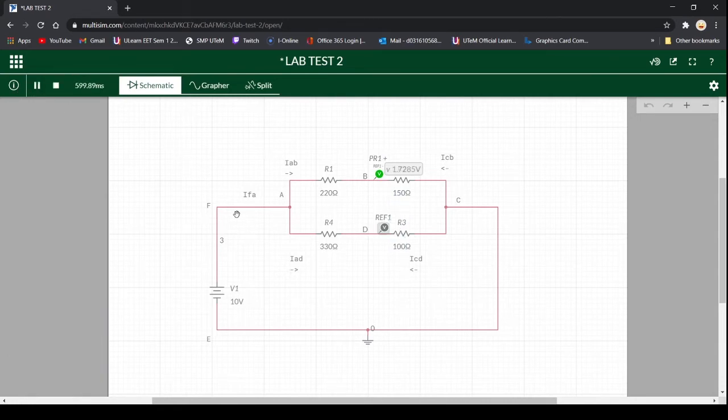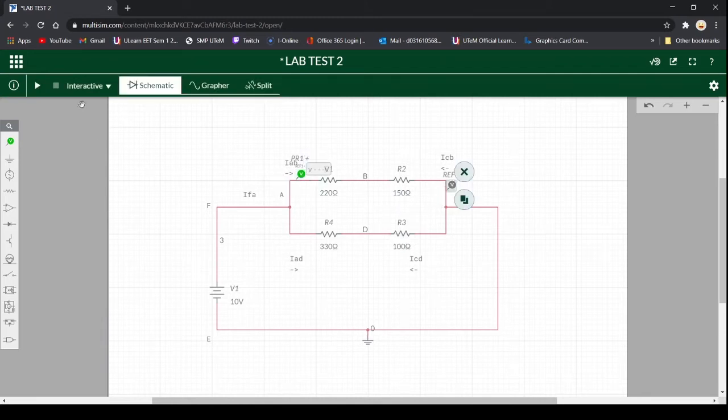We get 1.728 for VBD. And for VAC, we get 10 volts.